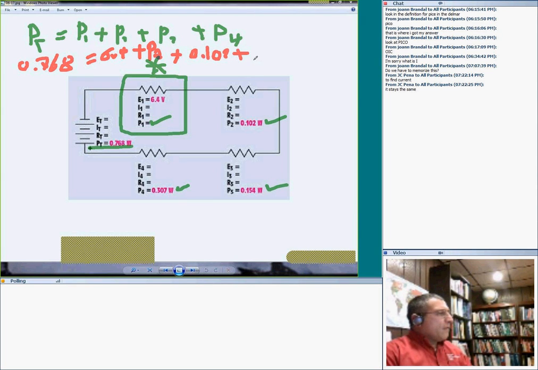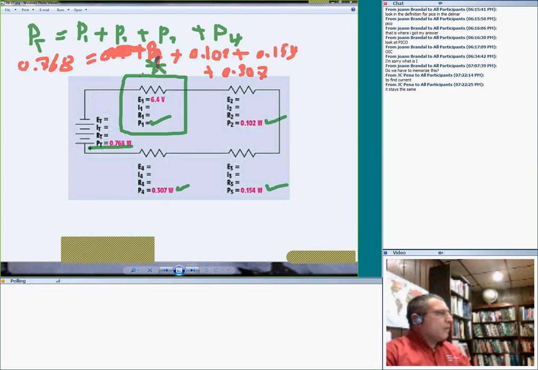Oh, I'm sorry, this one actually shouldn't be there. So this should be P1 here. P2 is 0.01, then 0.554, and the last one here, guys, is 0.307.